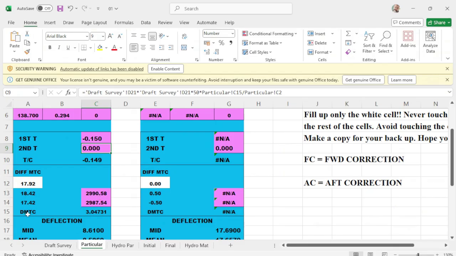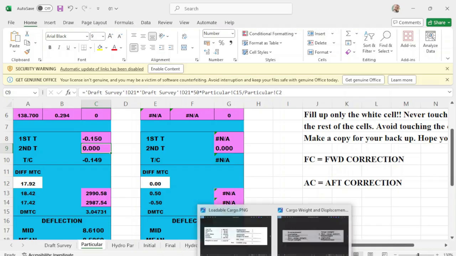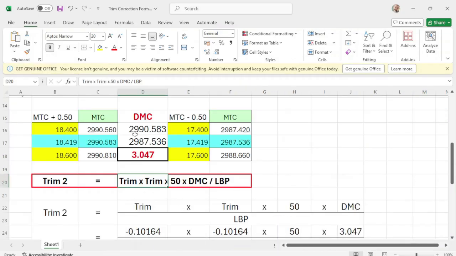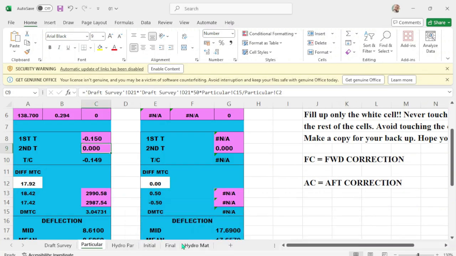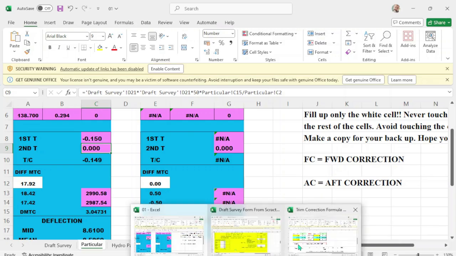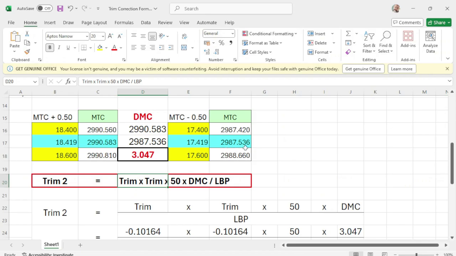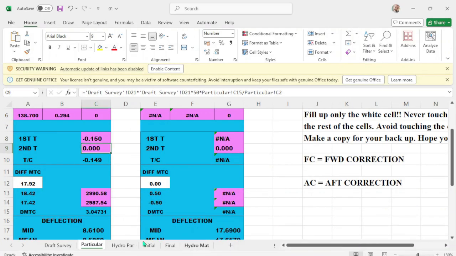So plus 50 will be 299058, which is this one, 583, and minus 50 is 298754, and the difference would be 3.047, and the difference is 3.047.